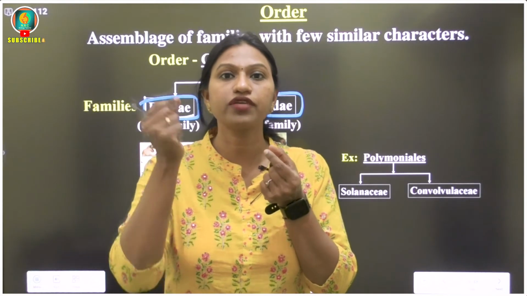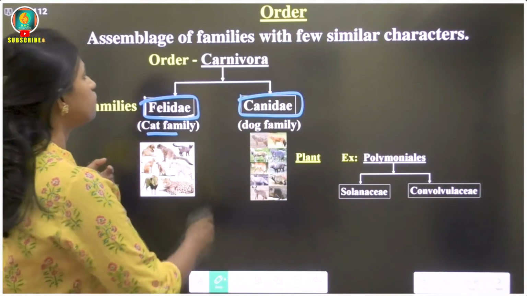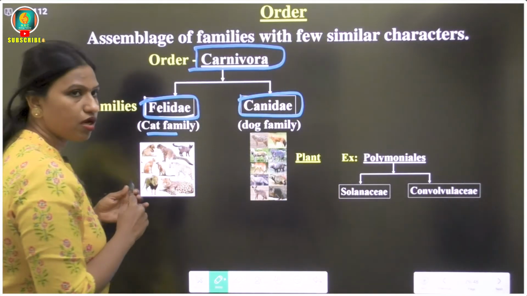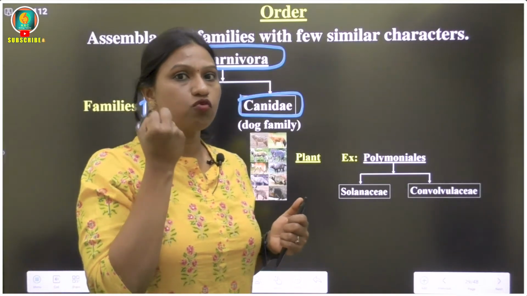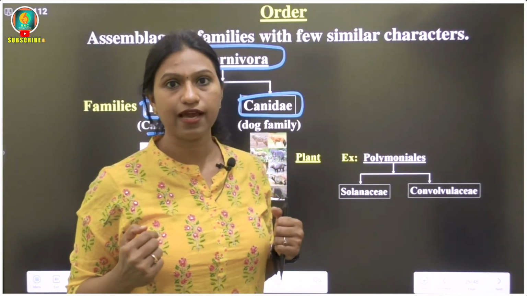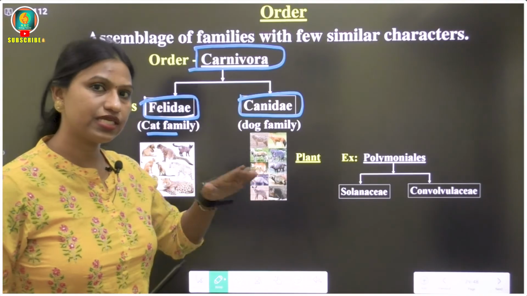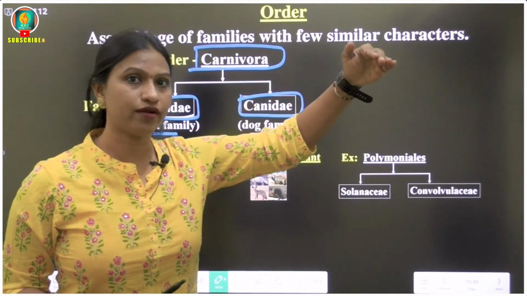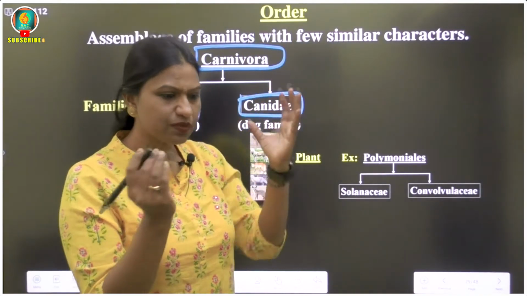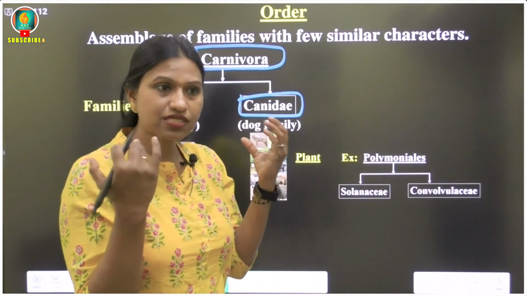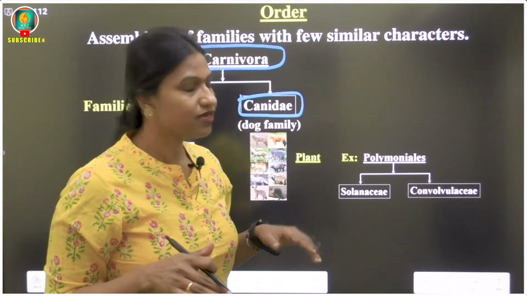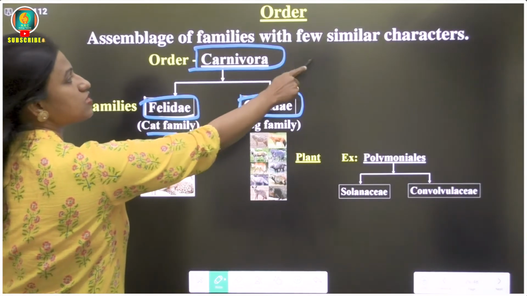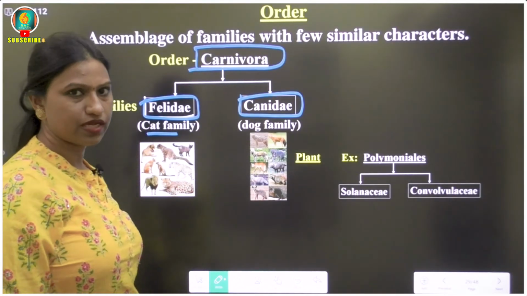Therefore, we have kept them under an order called Carnivora, as they are carnivorous animals with large canines. But as we move up from family to order, the similarities, that means the closeness and the same characters, start decreasing. That's why an order is an assemblage of families with a few similar characters.